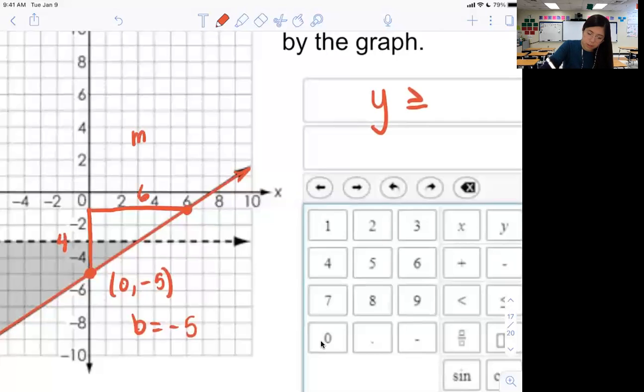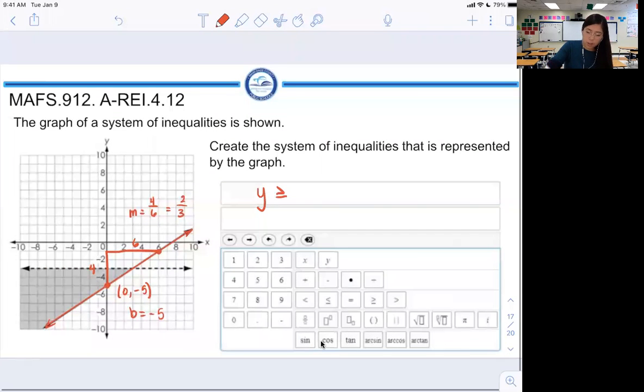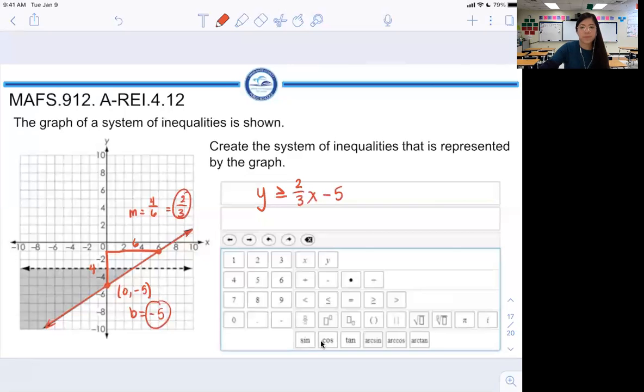So I know that my slope is 4 over 6, which simplifies to, not 3, my bad, 2 over 3. So my slope is 2/3, my y-intercept is negative 5, so my inequality is going to be y is greater than or equal to 2/3 x minus 5.